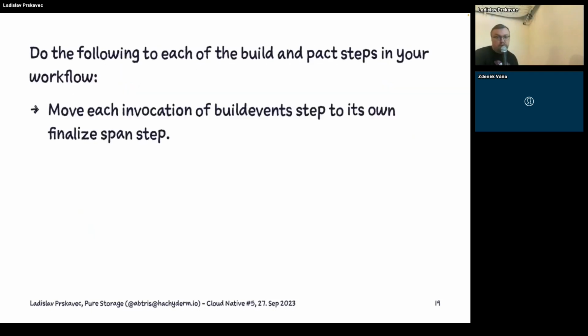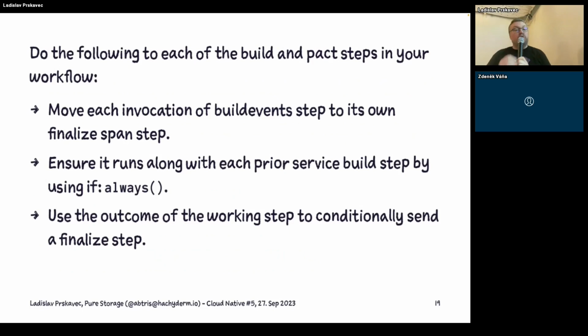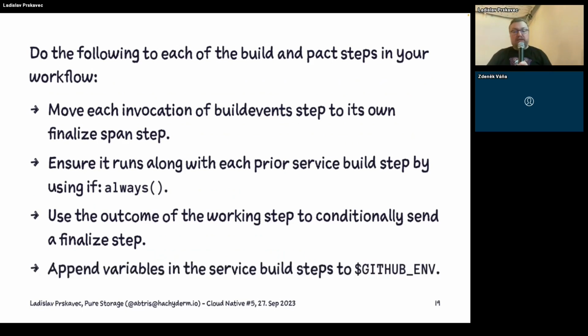I have a much more complex example, and I will show you the whole thing later. You need to be sure that you follow these steps. Every step has to have that final step, and ensure with always that it will run and has that condition that works.